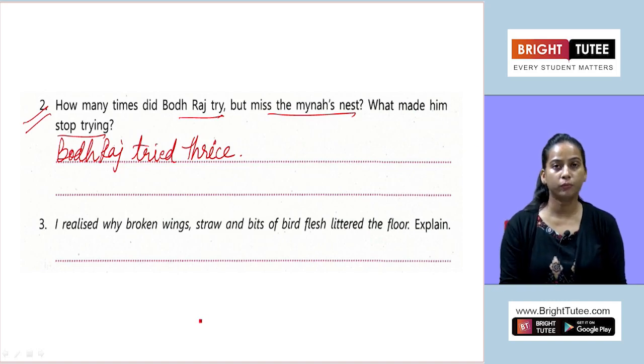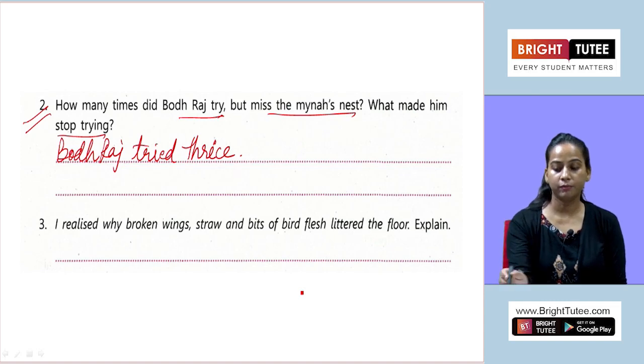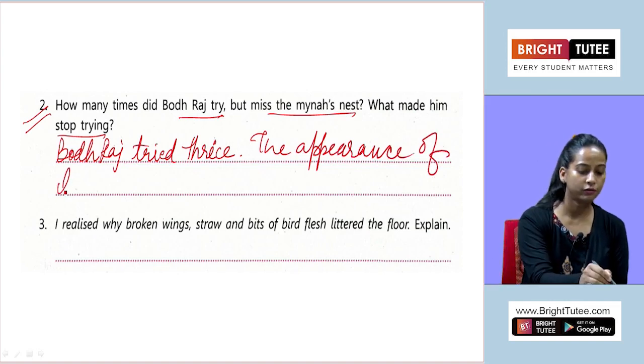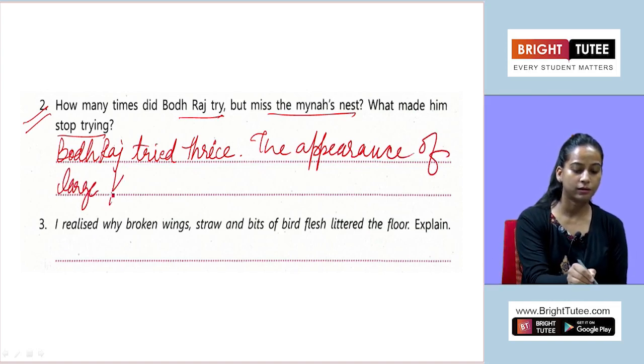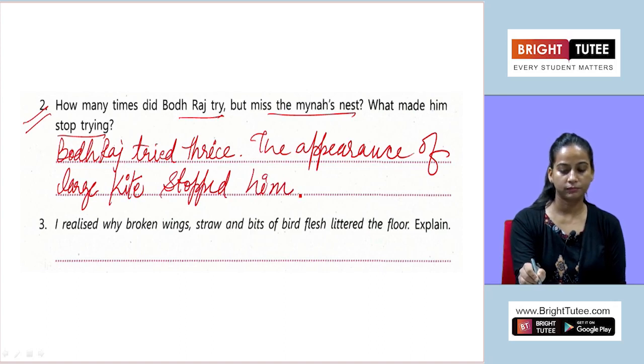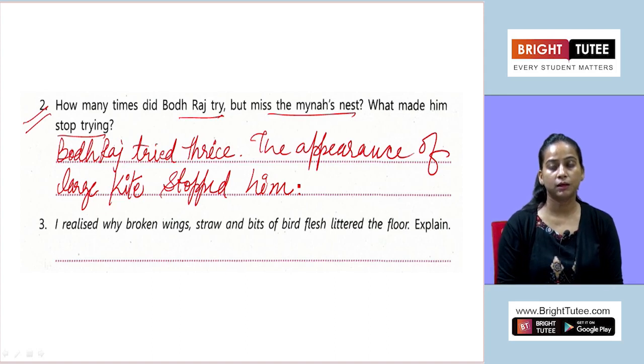What made him stop trying? The appearance of a large kite stopped him. Clear? Because the appearance of that large kite which was coming in through that ventilator stopped him.